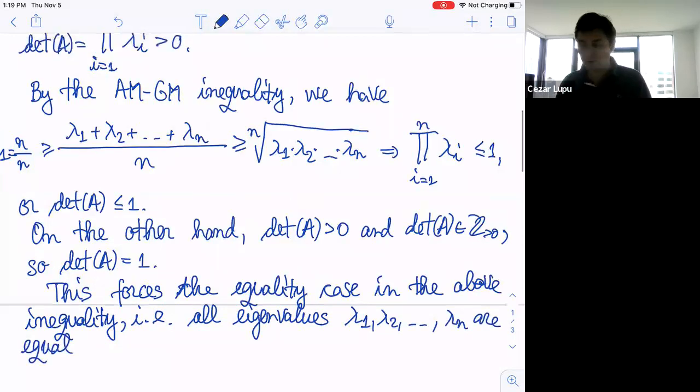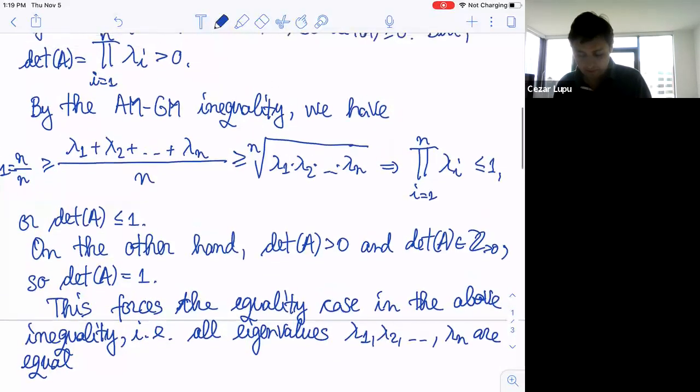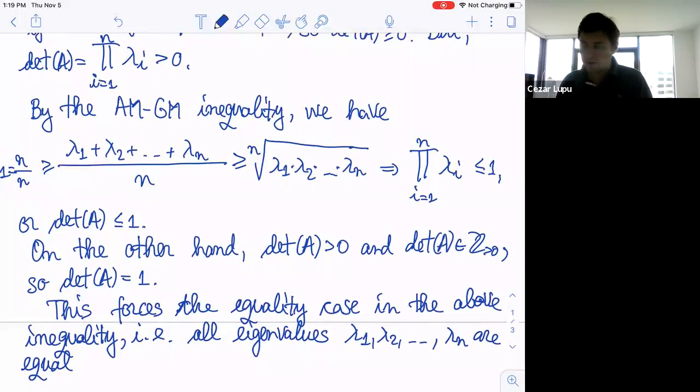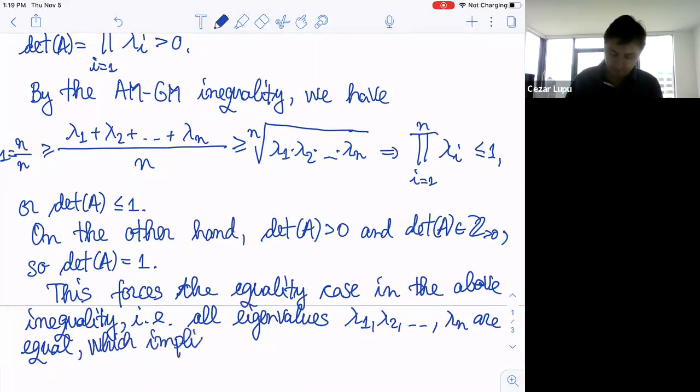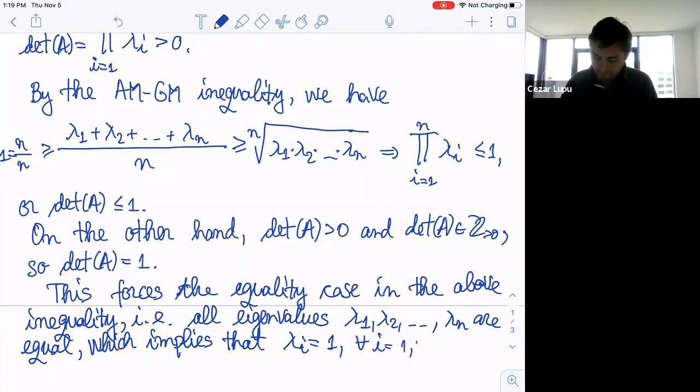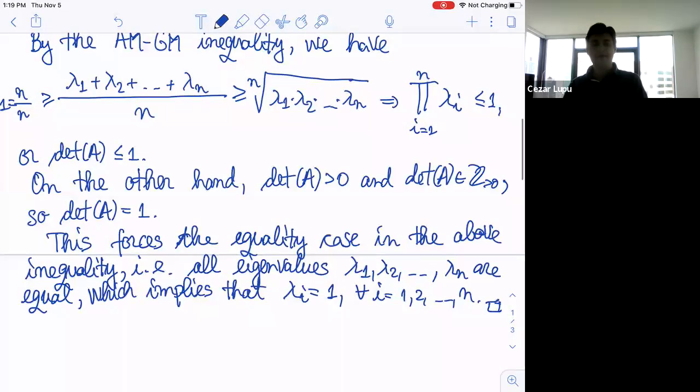When this happens, all of them have to be equal to 1. Lambda_i is 1 for all i. And that's it. Is it clear for everybody?